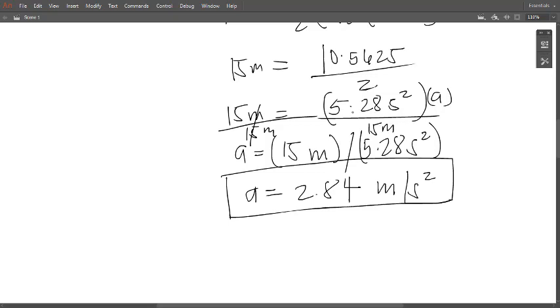This explains how we got 2.84 as the final answer. A is equal to 15 meters over 5.28 seconds squared.